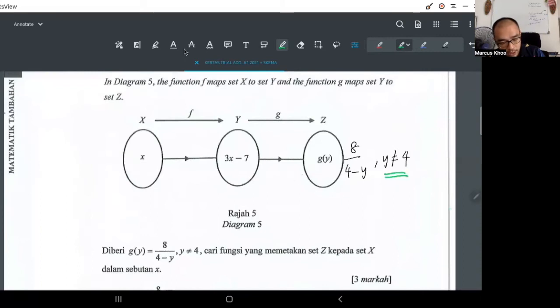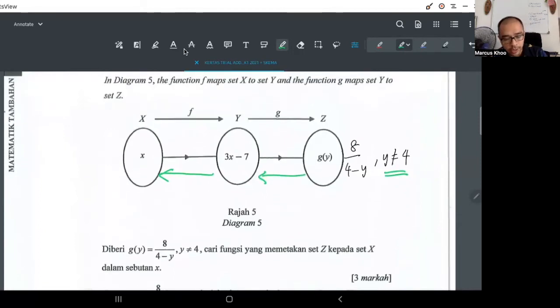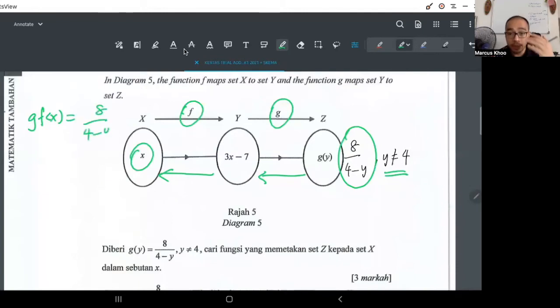That means maps this way. Okay, now what you are not being told here is that gf(x) is this. Okay, they're telling you gf(x) is equals to 8 over 4 minus y. But the problem is, this is y lah. I need this to be in x. Okay, so all I have to do is inverse this to find (gf)^-1(x), which is what I want.